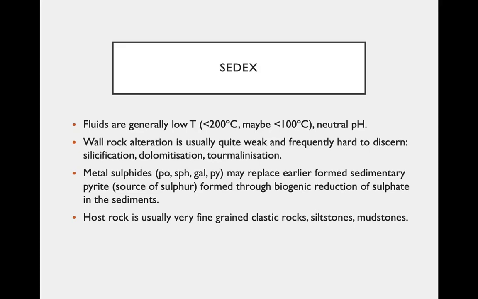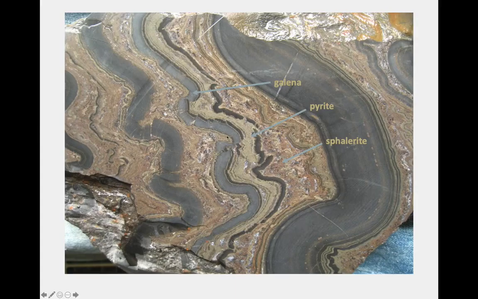So the sulfur is originally sourced from the fluids that have deposited the sediments, and then biogenic activity reduces that to sulfides, and then these fluids incorporate that sulfur and transport it, which then binds with the metal. The host rocks are usually these fine-grained clastic rocks, siltstones, mudstones of a rift basin.